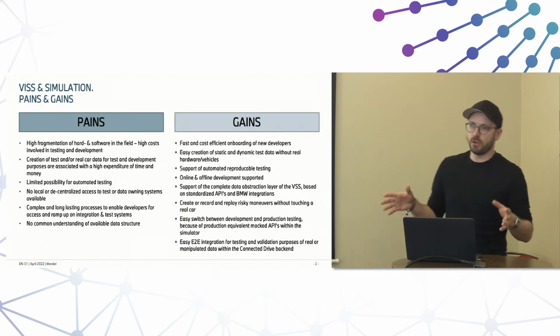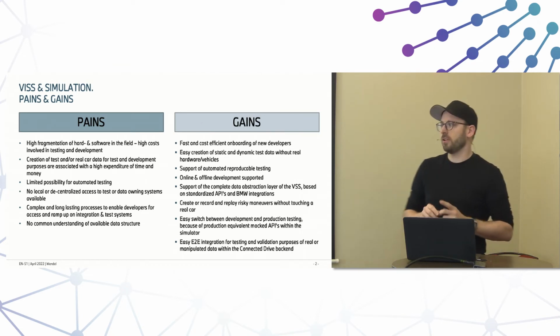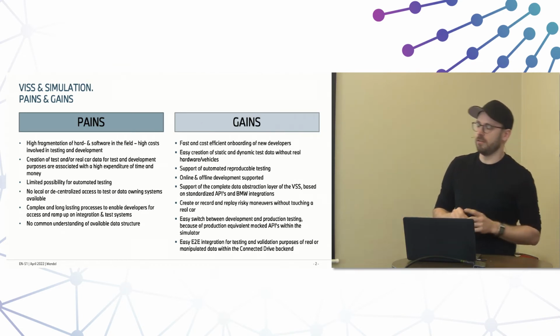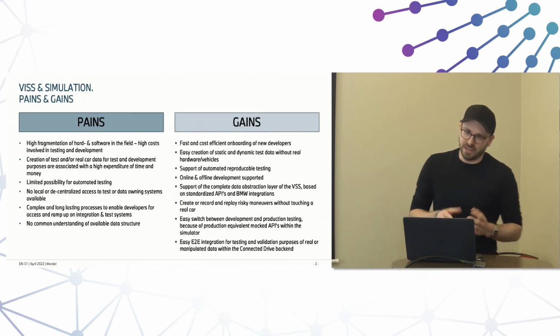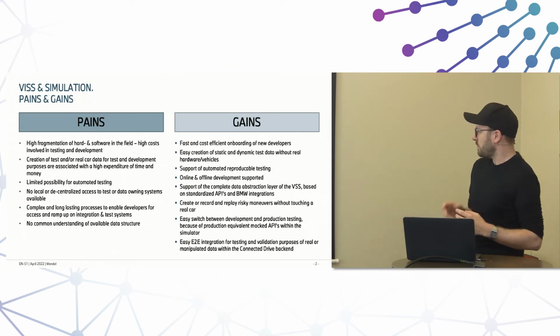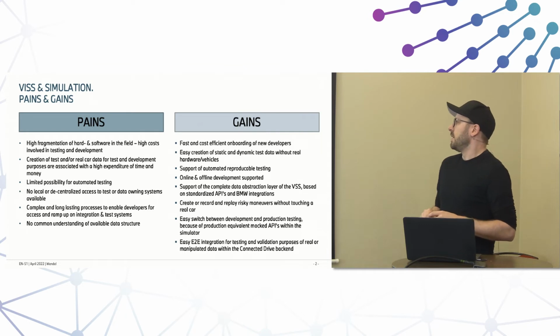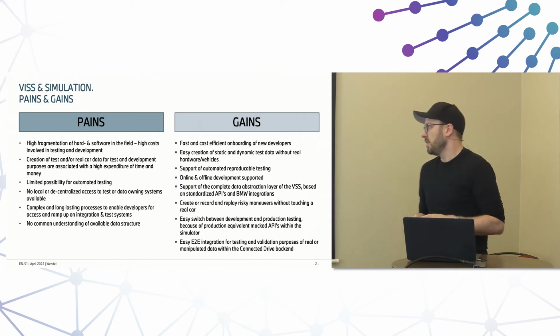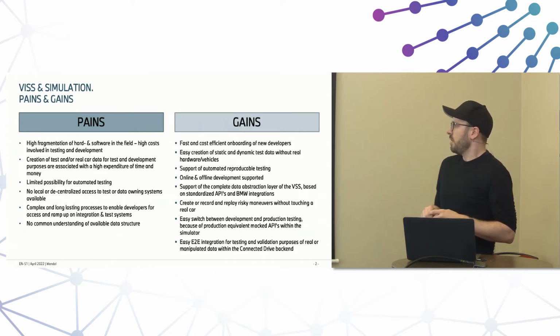I have one part of the connection where I need to record real-life data of cars. This cannot be done offline, but everything else is running offline. I have support of the complete VSS-based standardized APIs, including some BMW integrations we have.